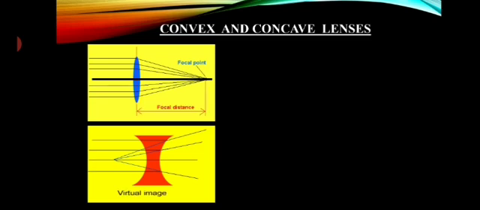So the main difference between concave lens and convex lens is that the concave lens forms a virtual and erect image at the same side of the lens, whereas the convex lens forms a real and inverted image but at the opposite side of the lens.